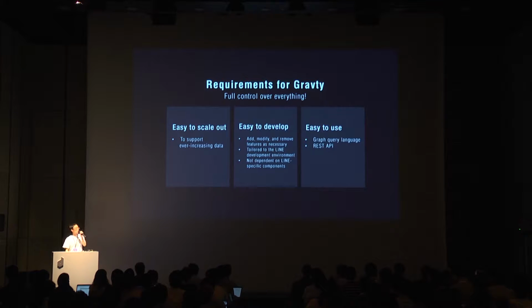Keeping this in mind, we consider the requirements of Gravty in three aspects. Firstly, Gravty should be easy to scale out to support ever-increasing data. Secondly, Gravty should be easy to develop for developers. Thirdly, Gravty should be easy to use at the client side.